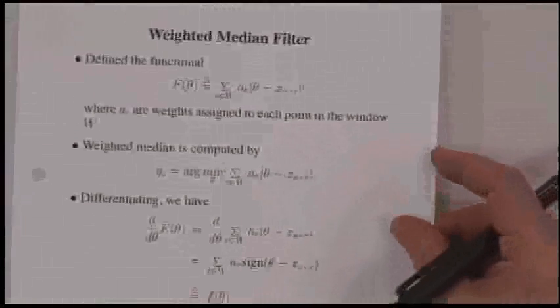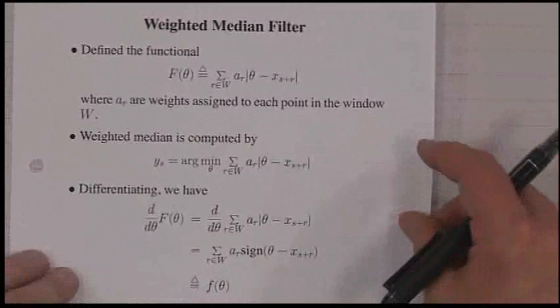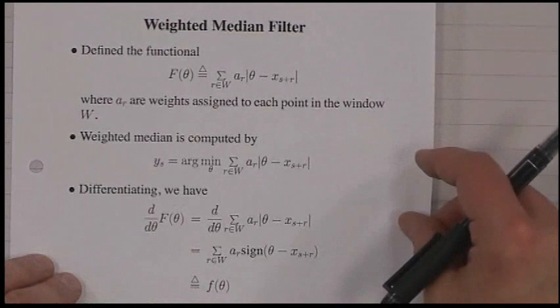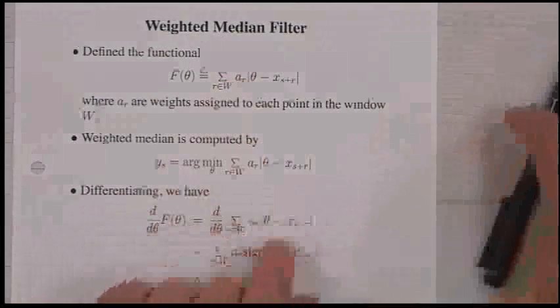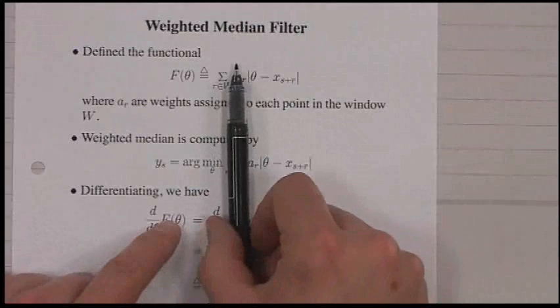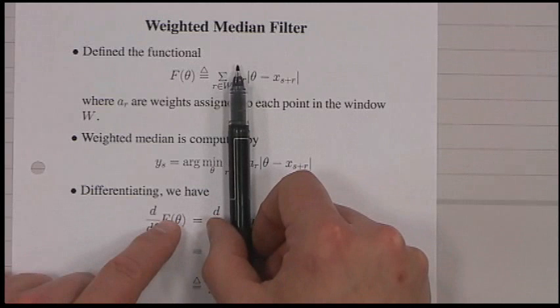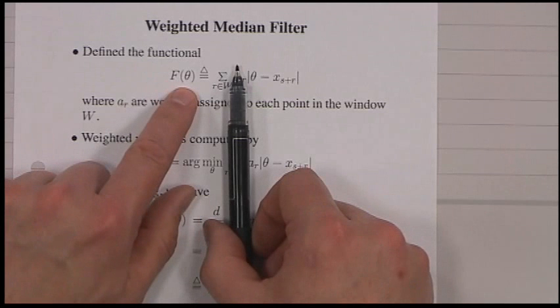Okay, but what you can do is a thing called the weighted median filter. And the weighted median filter is a generalization of the median filter. So in the median filter, you minimize this cost right here, where you take out that weight right there. Minimizing this function as a function of theta would produce the median.